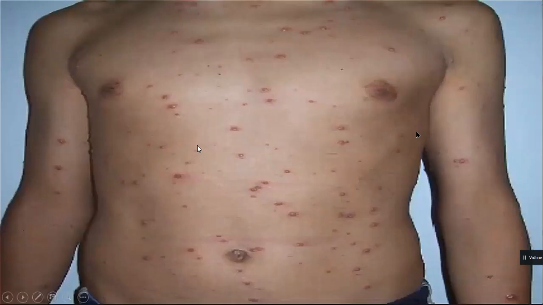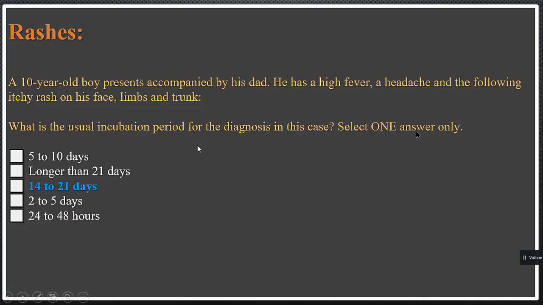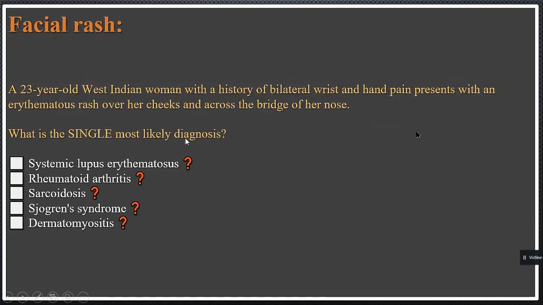Chickenpox, option C. Okay, 14 to 21. Chickenpox. Single most likely diagnosis. The patient who has SLE, option A, systemic lupus erythematosus.